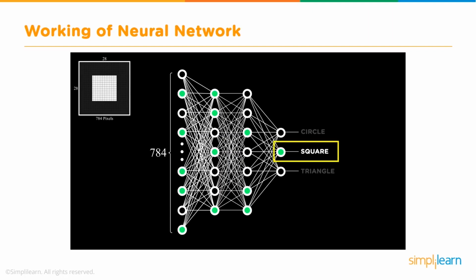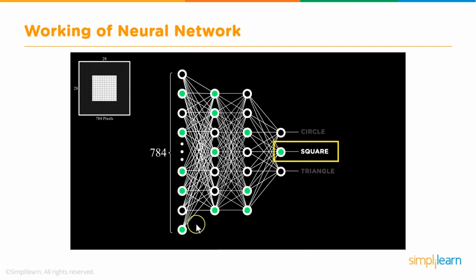The neural network would consist of probably several layers. There could be a few hidden layers, and then there's an input layer and an output layer. So the input layer takes the value of these 784 pixels as an input, and then you get an output, which can be of 3 types, or 3 classes, which might be a square or a circle or a triangle.